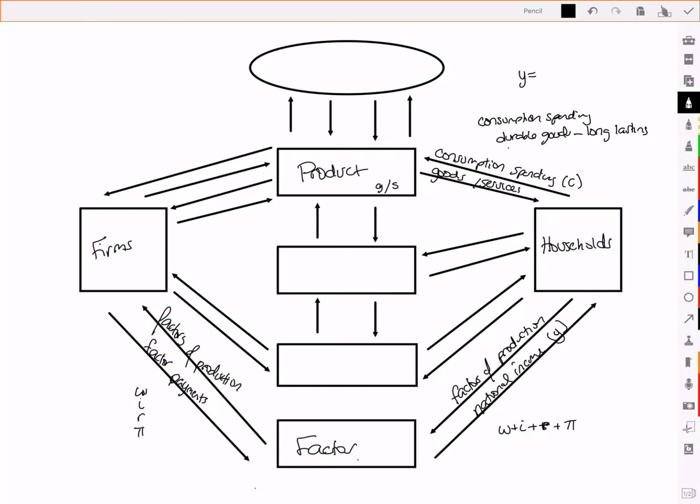We also have semi-durable goods. And semi-durable goods last about a year, maybe a little bit longer. And that would include things like clothing and footwear. Whereas durable goods were automobiles, furniture, electronics.